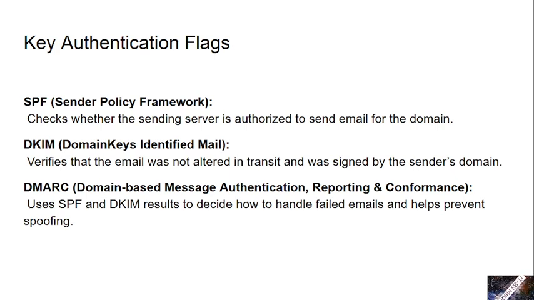So that alerts the receiver that you need to be careful with this email. And that is how, with these authentication flags, your email servers are able to send some emails to the spam folder. They sieve them off, filter them off, and you don't see them unless you go into the spam folder.